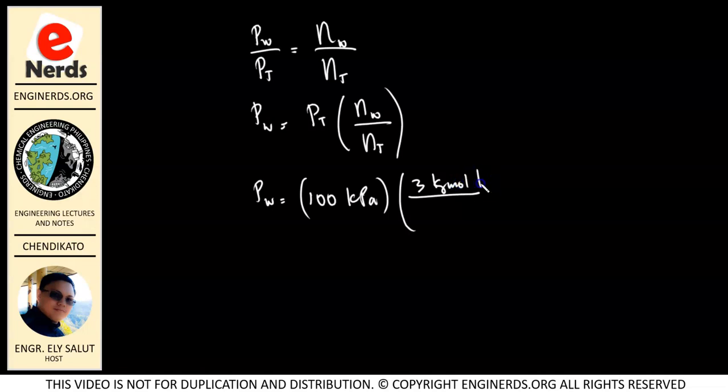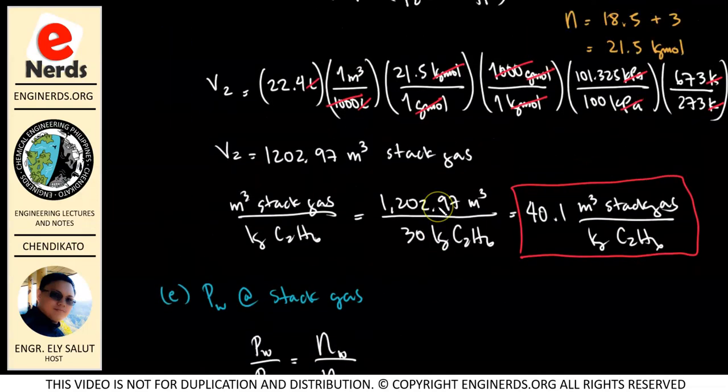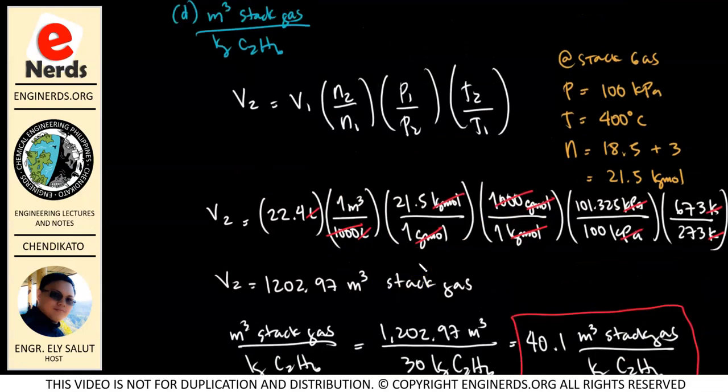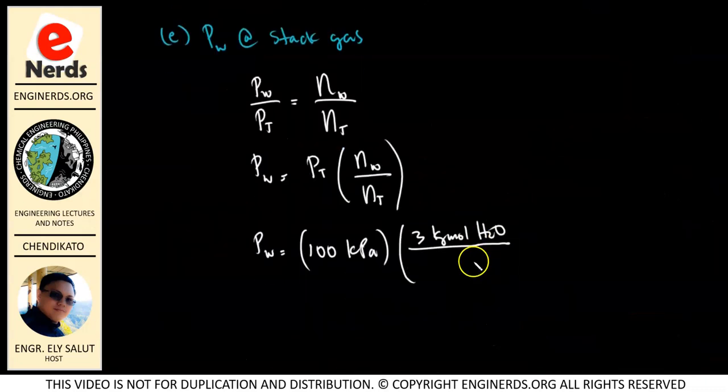Now the total number of moles in our stock gas, and we use that already down here, no? Where is it? Here we have 21.5 kilogram mole, because this is from our Orsat analysis, the number of moles of our components plus the number of moles of water. So we have 21.5 kilogram mole total.